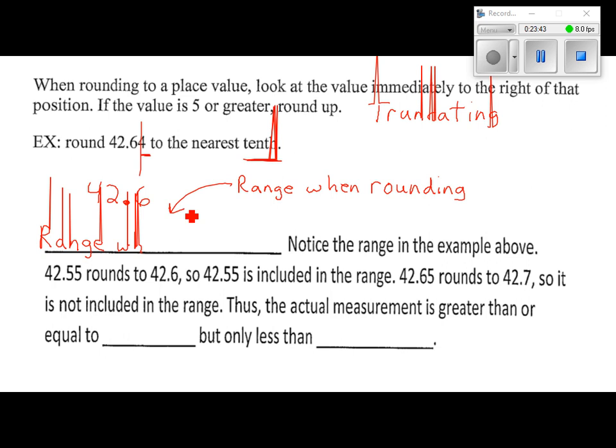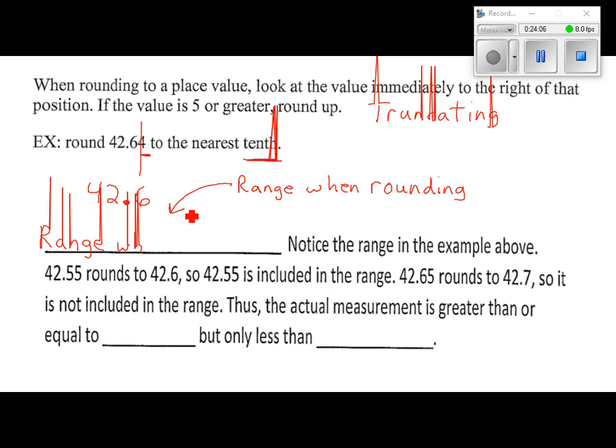Range when rounding. Notice the range in the example above. When we round something off, what are we telling whoever looks at it next? Do they think the exact measurement's 42.6? No, because we can't be exact.